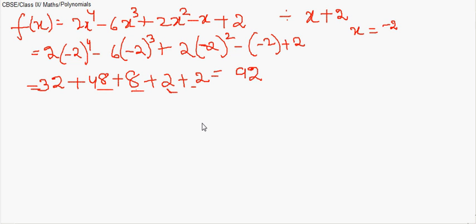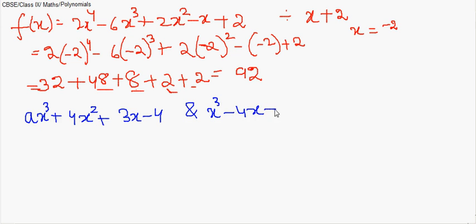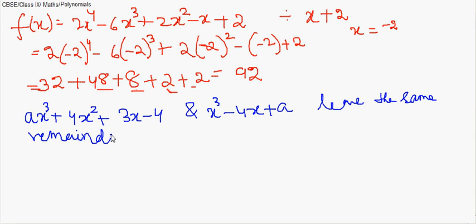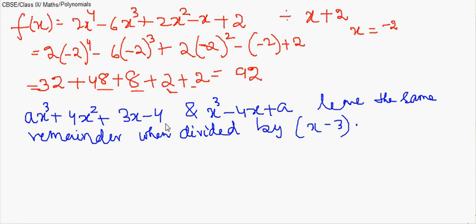If the polynomial ax cube plus 4x square plus 3x minus 4 and the other polynomial both leave the same remainder when divided by the linear polynomial x minus 3, find the value of a.